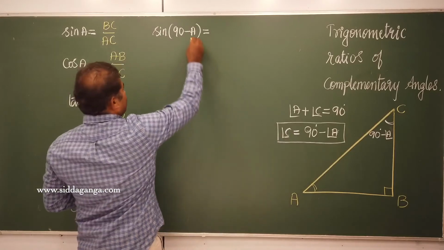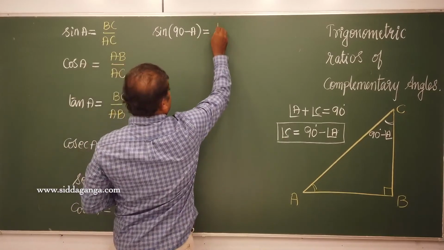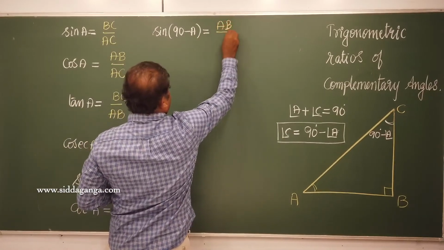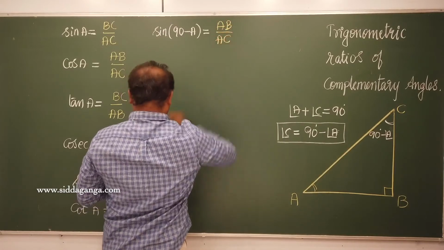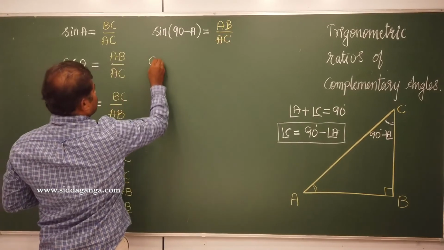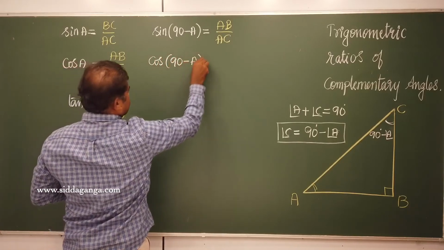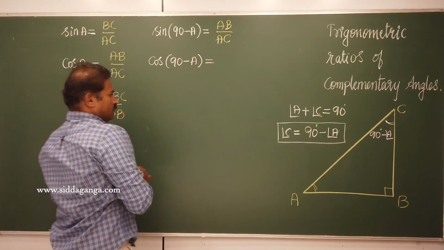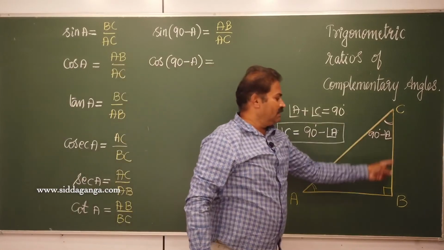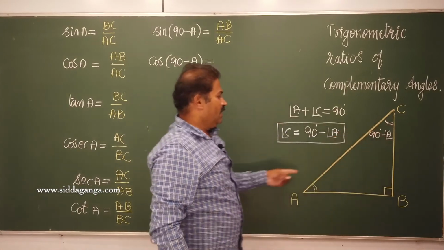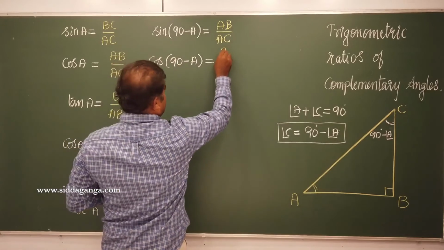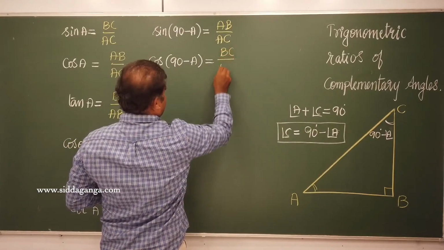Therefore, the sine of 90 minus A is equal to AB divided by AC. And similarly, for cos 90 minus A, which is equal to, for cos, BC is the adjacent, so adjacent by hypotenuse, which is BC divided by AC.